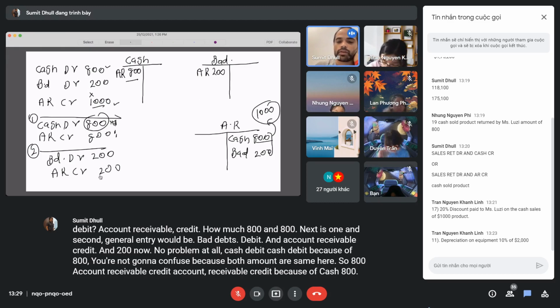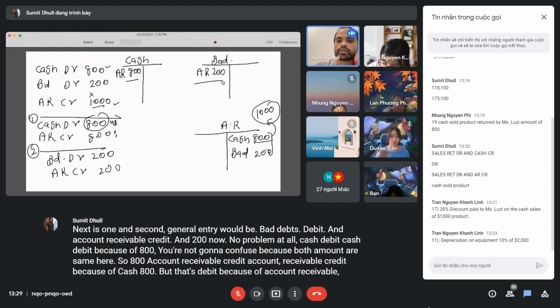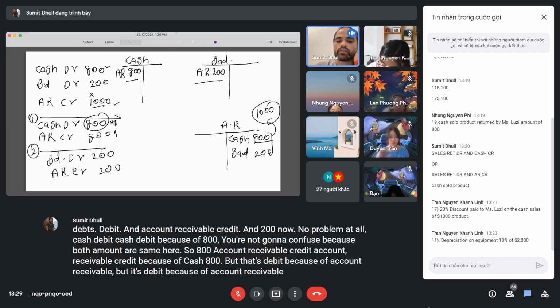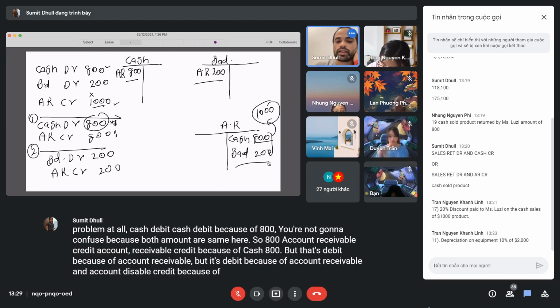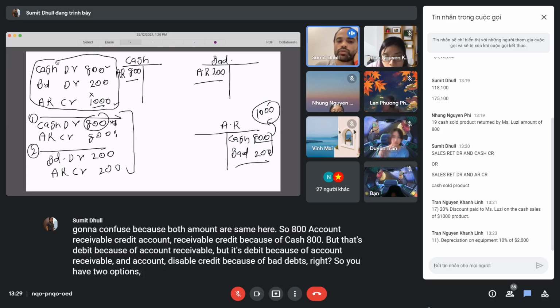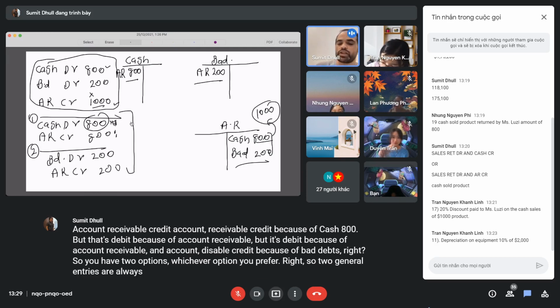Bad debts debit because of account receivable, and account receivable credit because of bad debts, right? So you have 2 options, whichever option you prefer. 2 journal entries are always easier, especially when you transfer information to your T accounts.